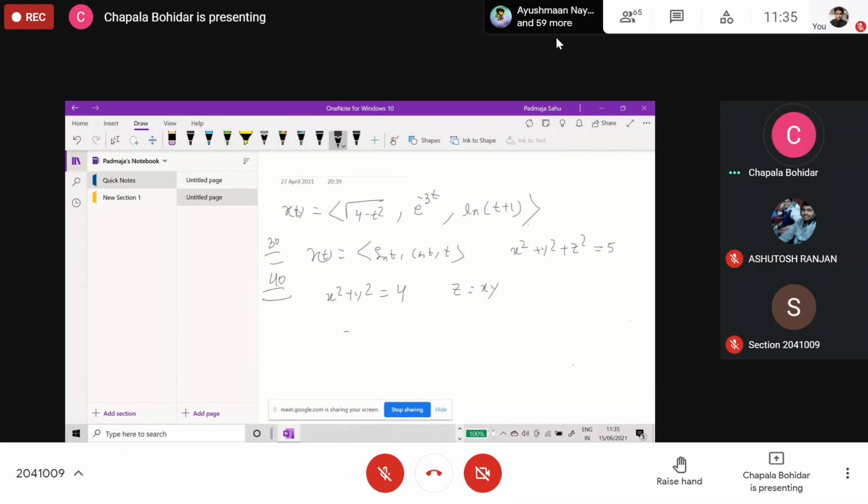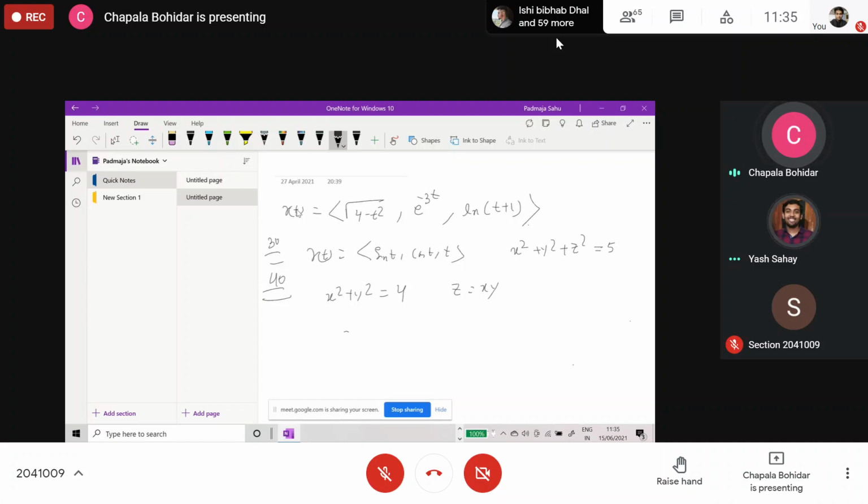We will consider x equal to 2 sin t and y equal to 2 cos t. Good. And then we will put this value in z. The vector function r(t) is equal to... you can find your r(t).